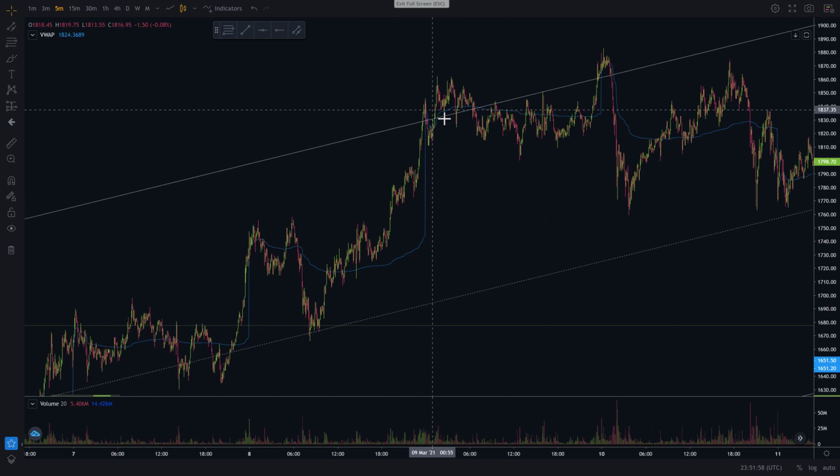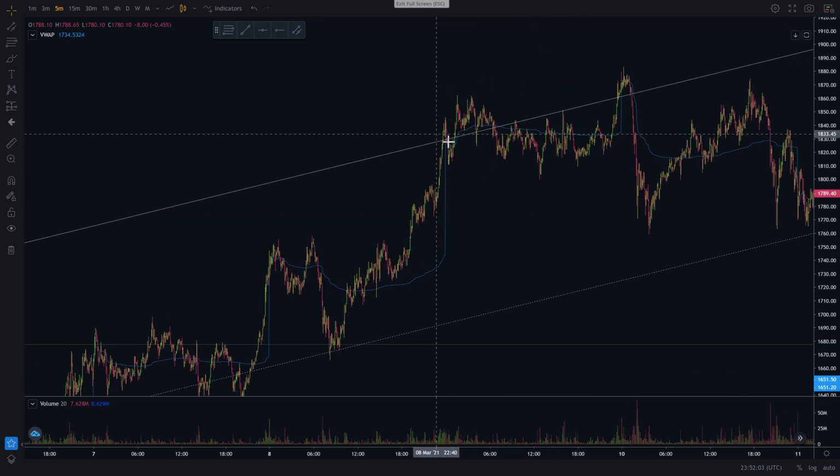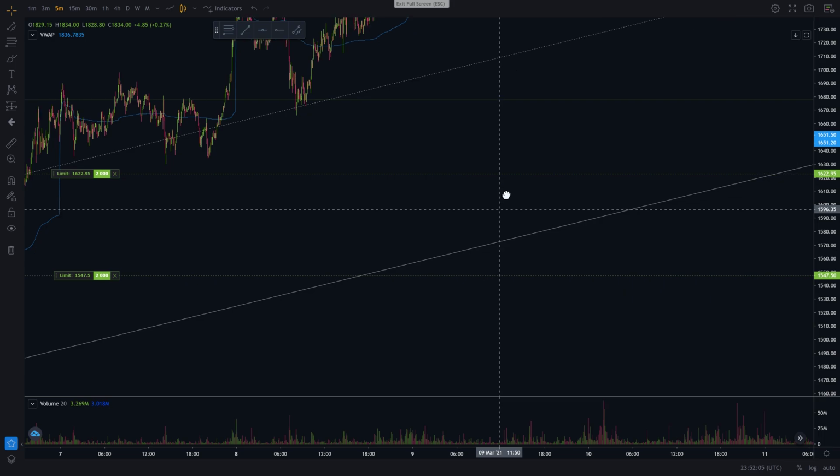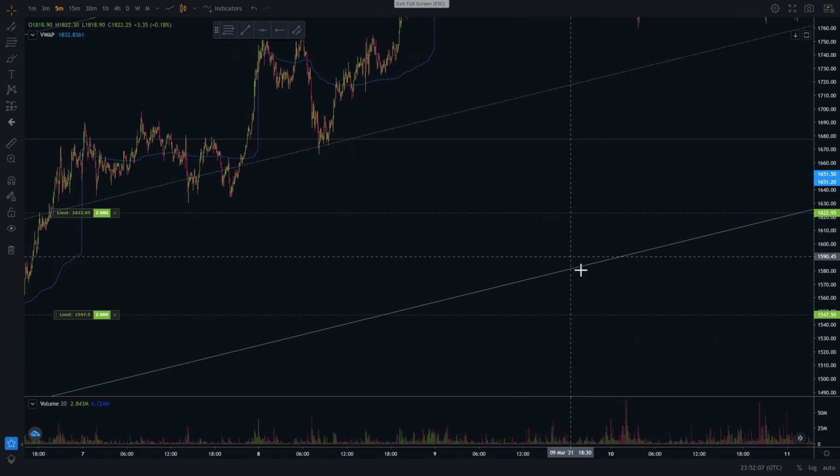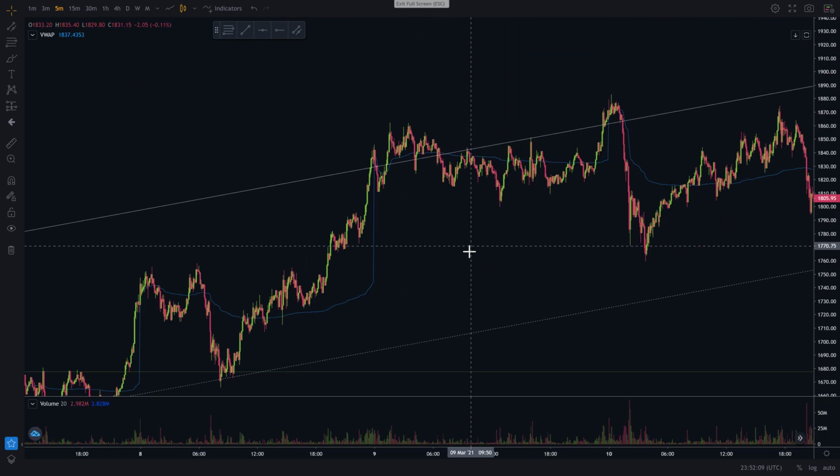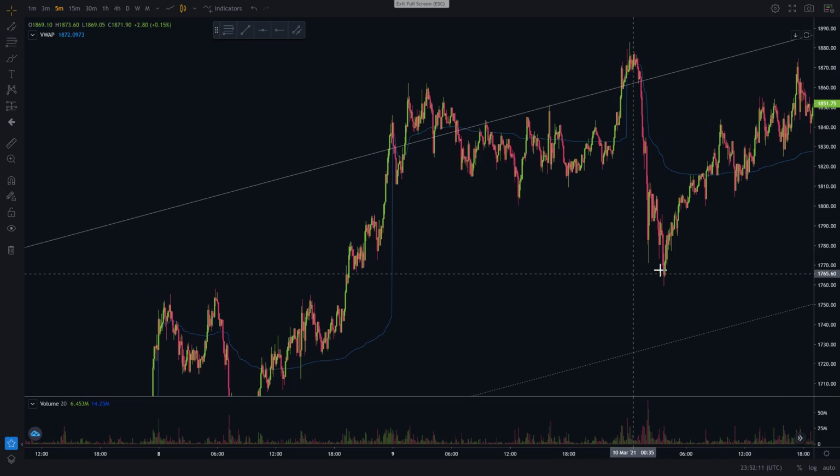So channels give you take profit on the tops, and not just take profit, you can even sell around this region. So these lines, they work so well, as many people are using them.